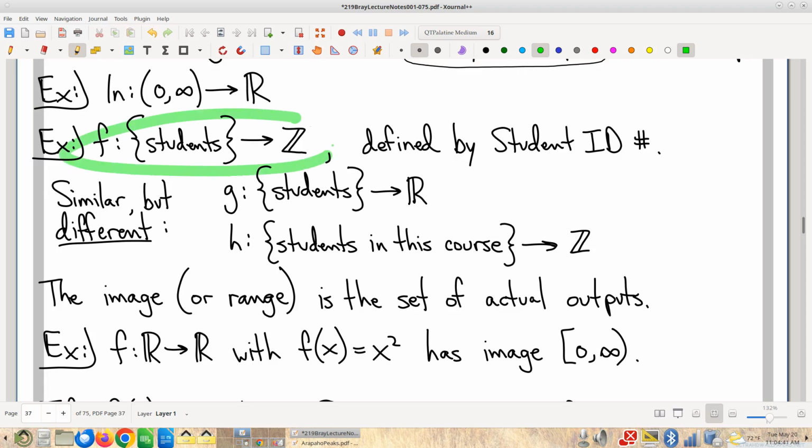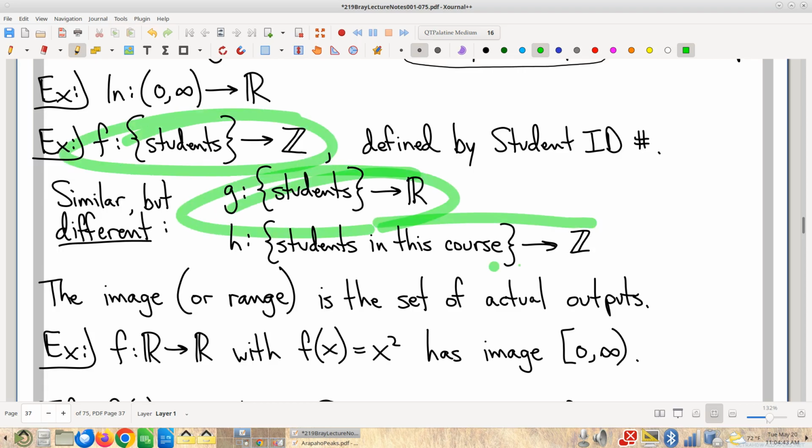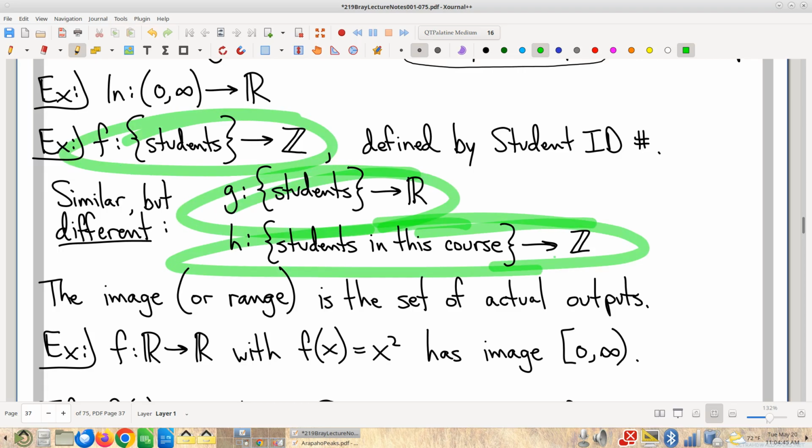We've got F, G, and H. And what I like about this example is we have here 3 functions. All have the same formula, in casual speaking. So the same rule of assignment. Namely, whatever input you give me, student of some category, the output value of all of these functions is the same. It's that student's ID number.